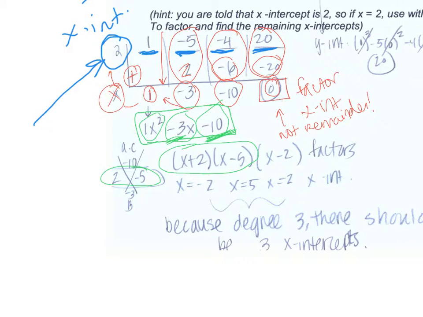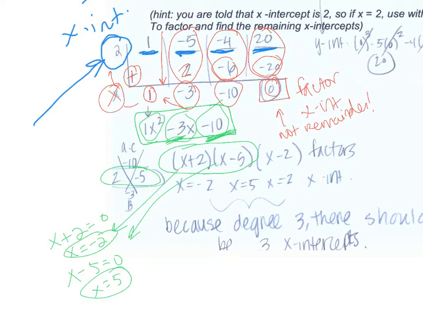And then to find your x-intercepts that remain, you set each of these equal to 0 and solve. And when you solve, you get -2 and you get 5. So the original that they gave us was 2, and the other two were -2 and 5.